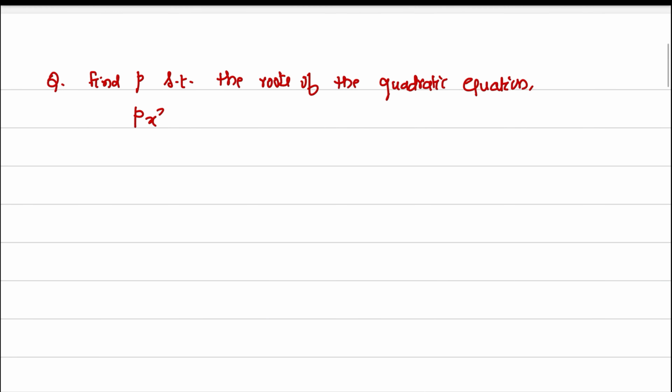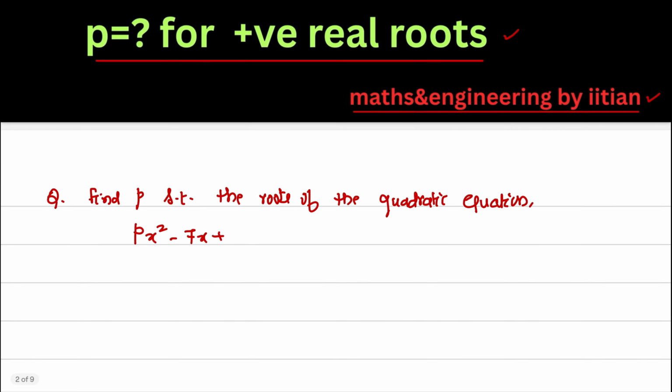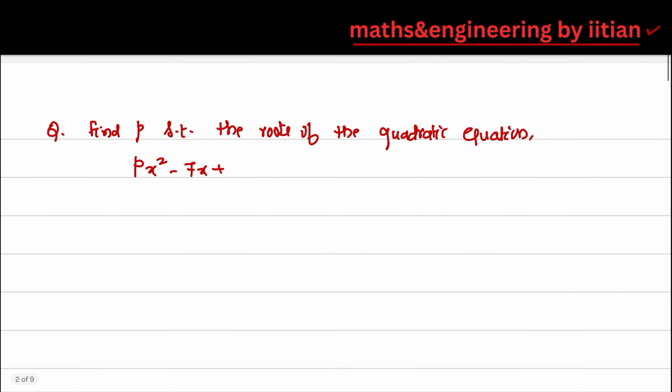What is the question given? Question given is, we have to find p such that the roots of the quadratic equation px square minus 7x plus 90 is equal to 0.